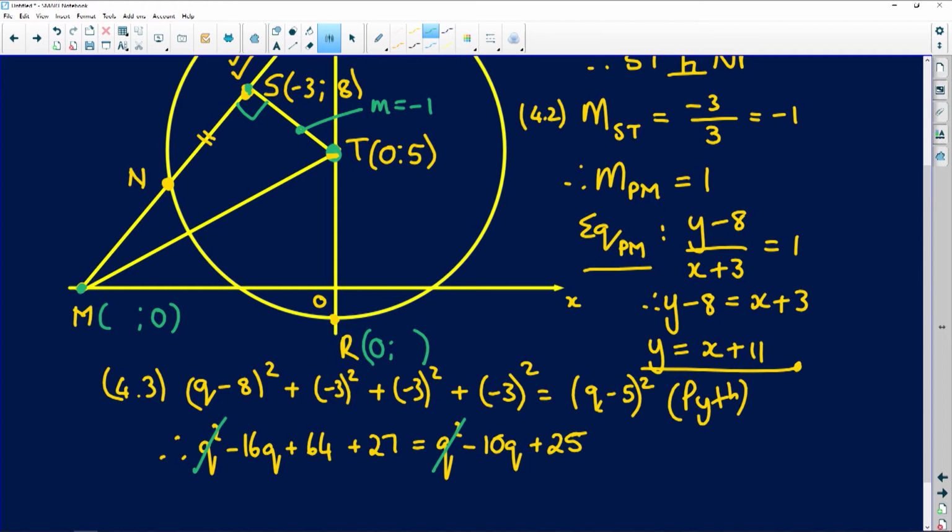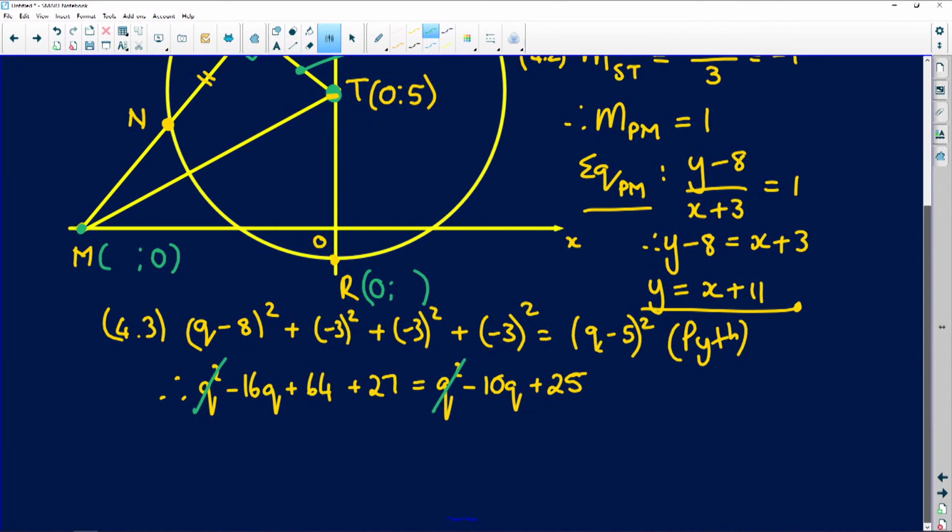I can move now everything with a q to the left, and everything that's not connected to q, the constants, I'm going to move to the right. Then I find the value of q, which is the y value of point P. Let's do that. Okay, so if this comes over, it becomes positive. So it leaves me with minus 6q.